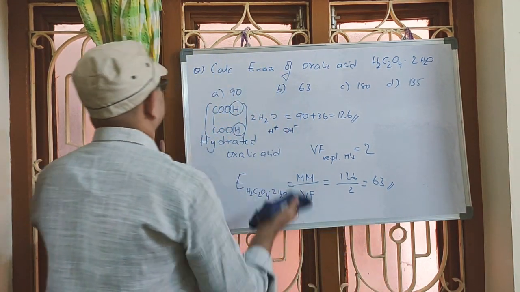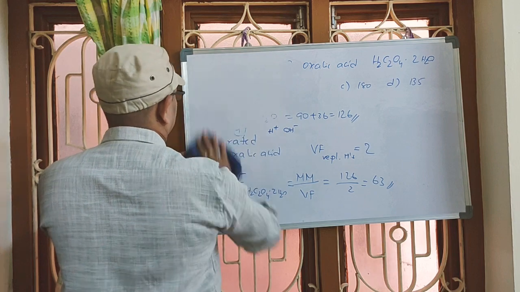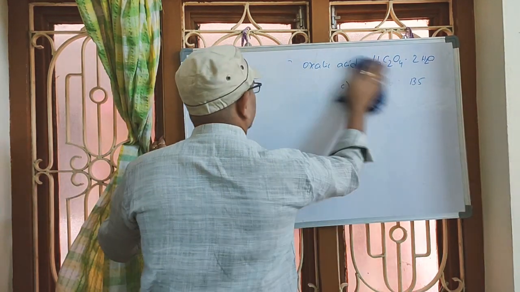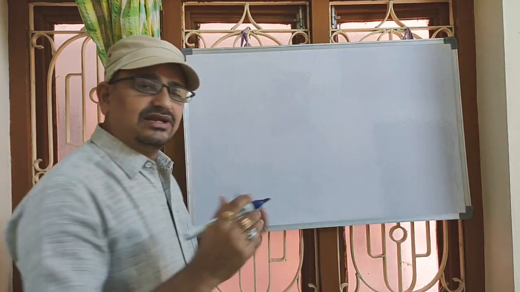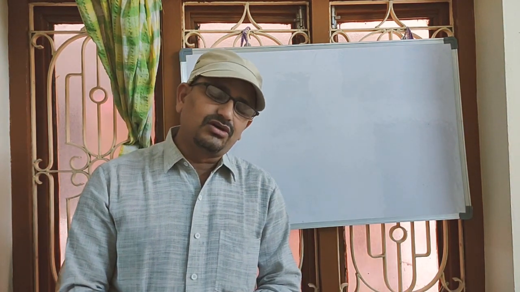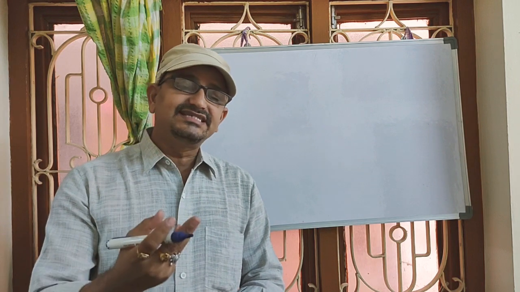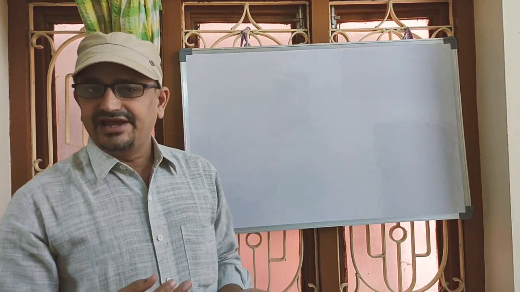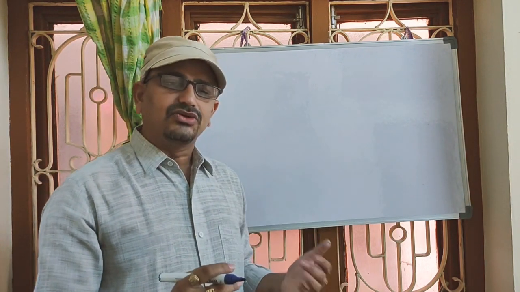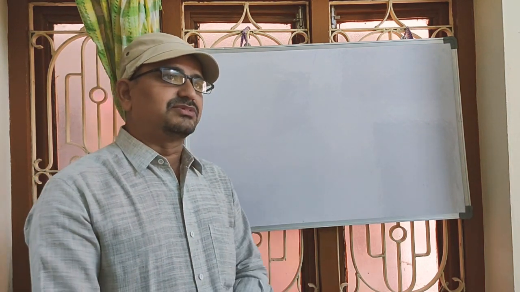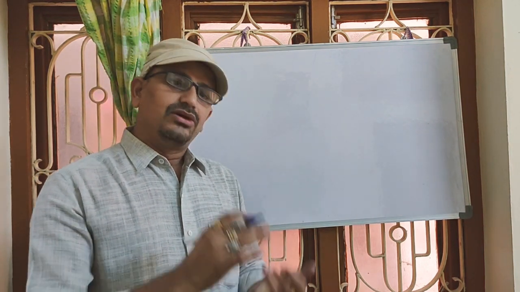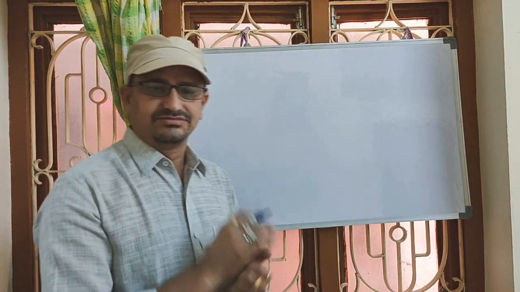Now our next concept is calculation of equivalent mass of oxidizing and reducing agents. But before learning about oxidizing agent and reducing agent, we need to learn a concept called oxidation number, oxidation and reduction.